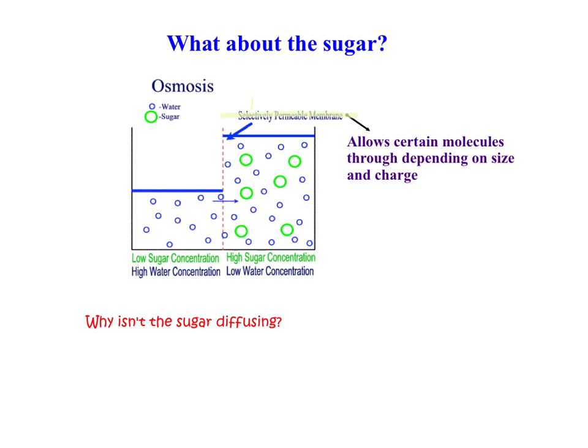Being selective literally means being choosy. So they are selecting, picking which molecules they will let go back and forth. To permeate or permeable means to pass through. And a membrane is just a thin layer.